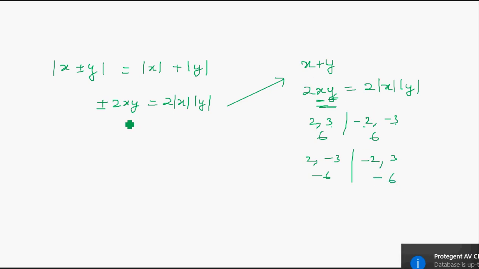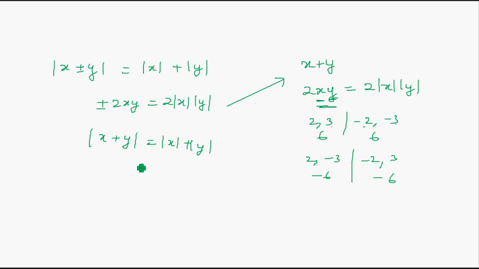So in this condition, |x + y| equals |x| + |y| is only true when x comma y are both of the same sign, correct?